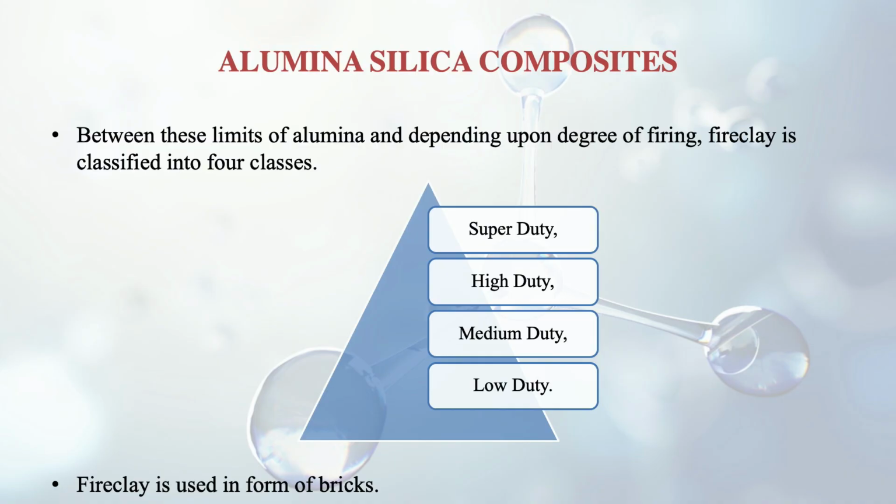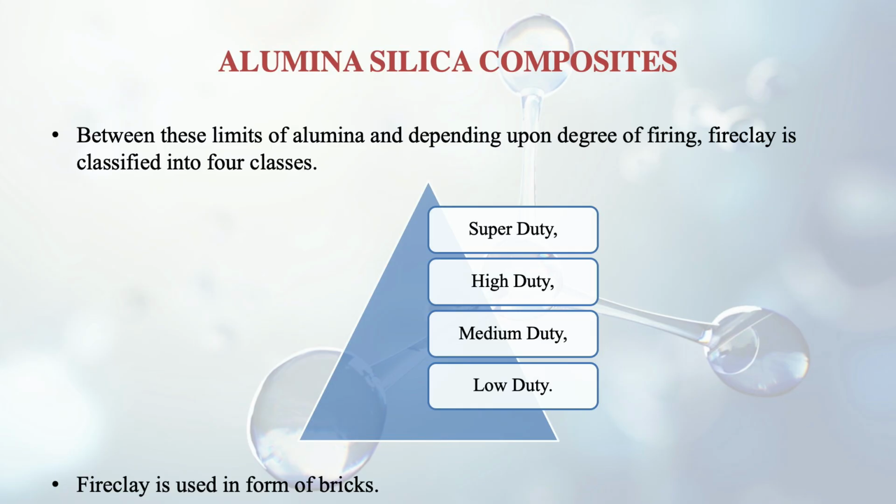These duties are defined as per the softening temperatures, at what point the softening is taking place. There is a certain factor which is given, and this factor varies according to these 4 classes. Fire clay actually is used in the form of bricks.